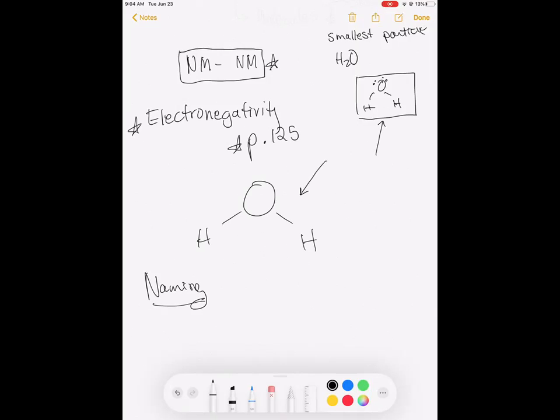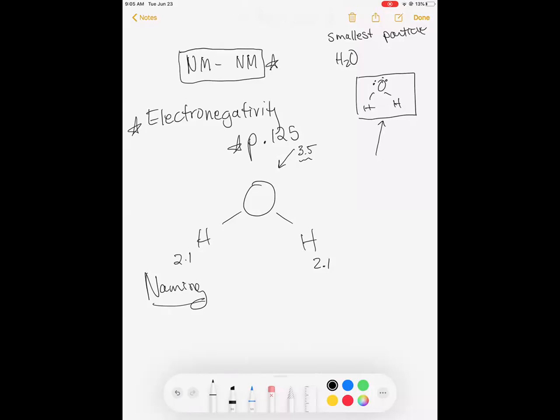Let me back up just a little bit. This atom right here, oxygen, has an electronegativity value of 3.5. There's no units on it. It's about the only thing in chemistry that doesn't have units. And hydrogen is 2.1. Each hydrogen is 2.1.